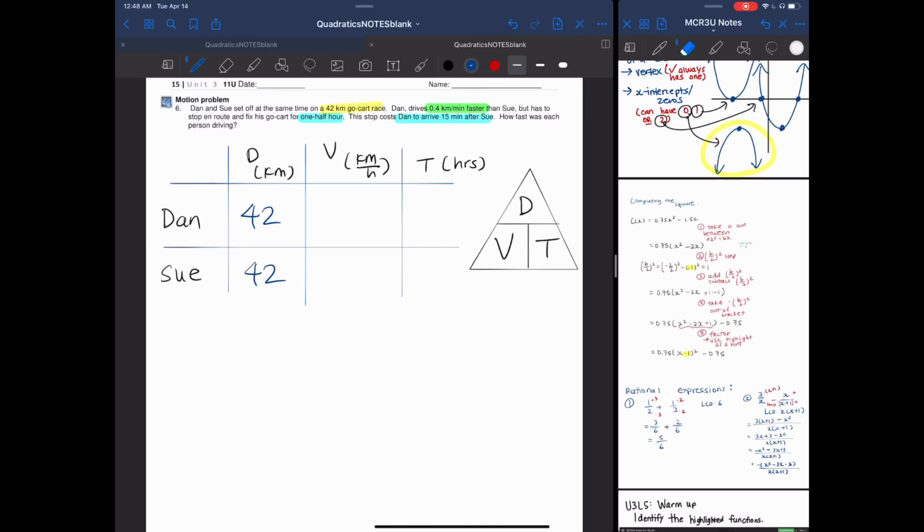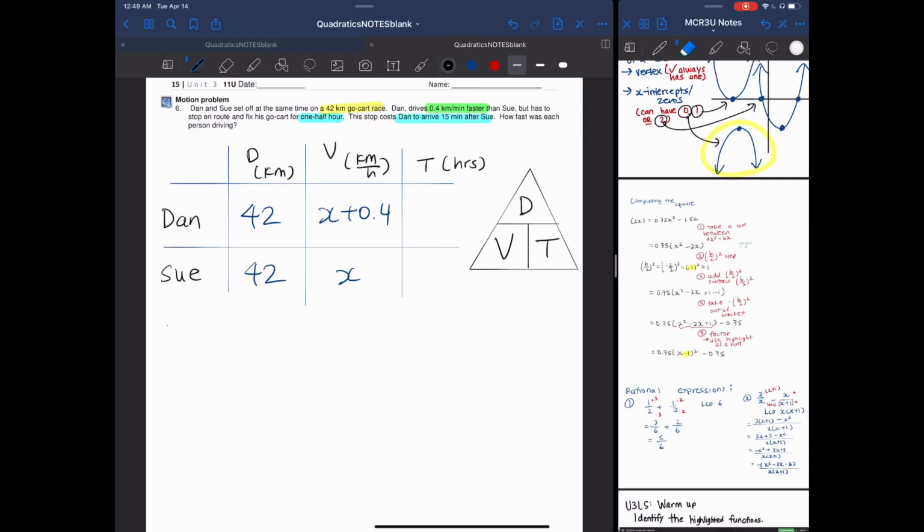Okay, so it's easier usually if you write one in terms of the other. And we have, let's say, Sue. And Sue is driving slower than Dan. Okay, so well, Sue is driving at x kilometers per hour. Meanwhile, Dan drives, what do you think? X plus 0.4 kilometers per hour, right?